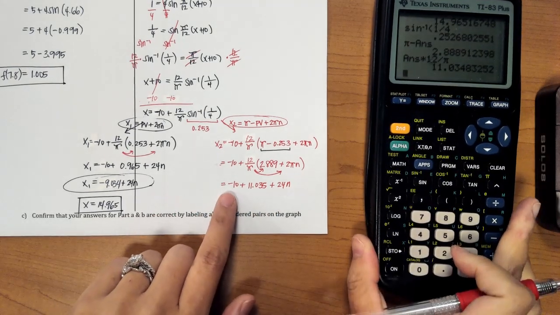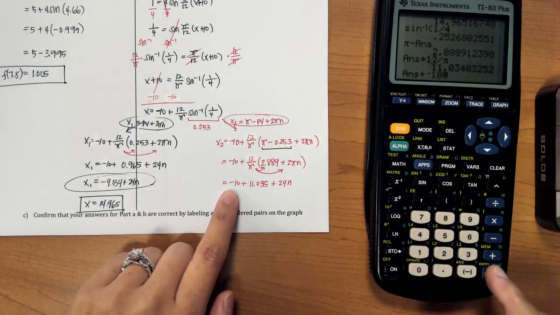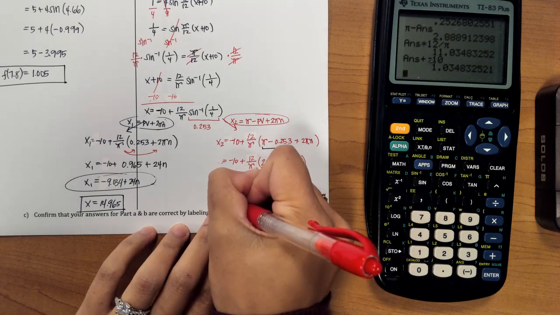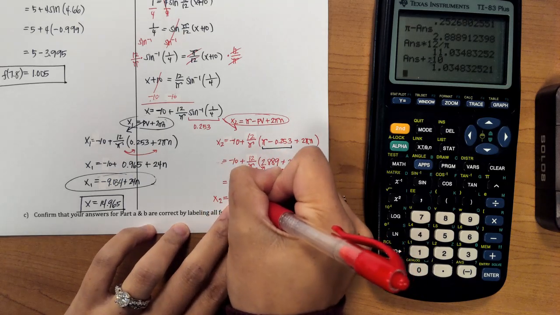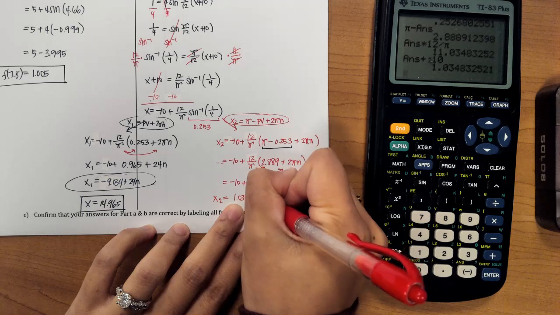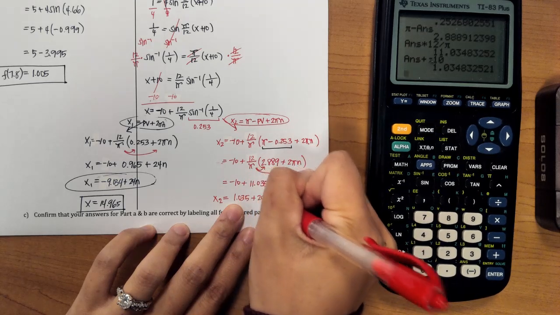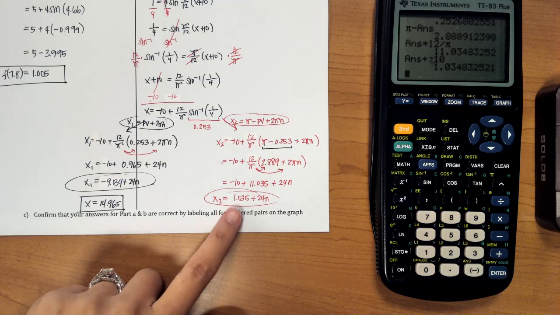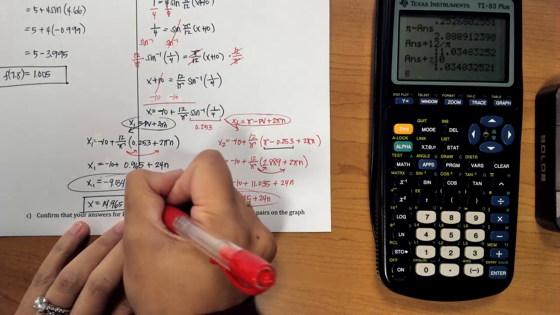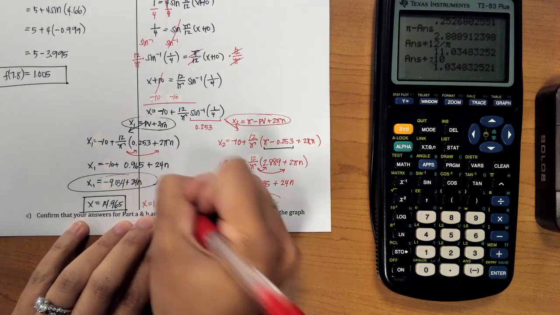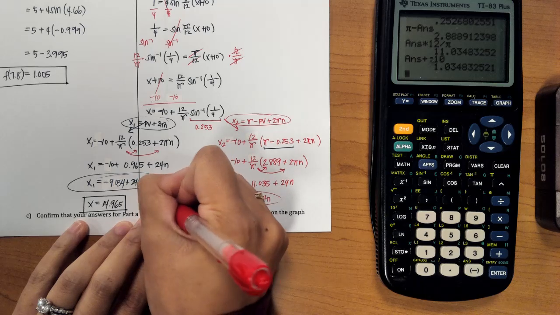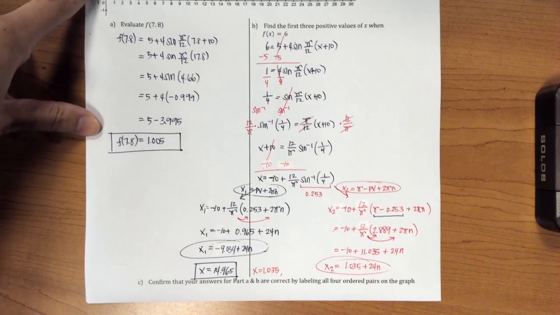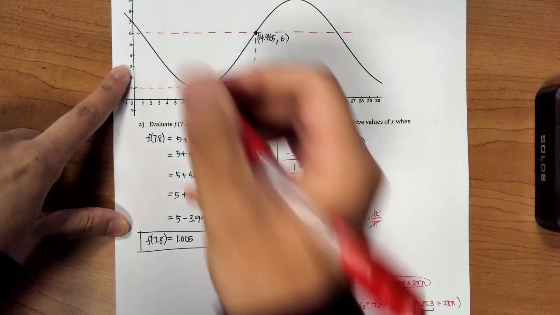Okay, then I'm going to add negative 10. x2 equals 1.035 plus 24n. Okay, so 1.035 should be one of my x values. Let's check that it works. You guys ready? 1.035. There we go.